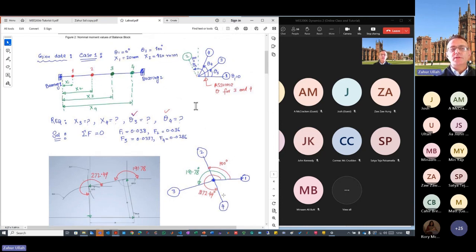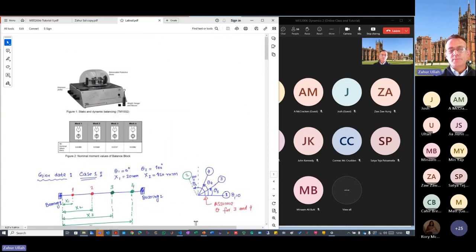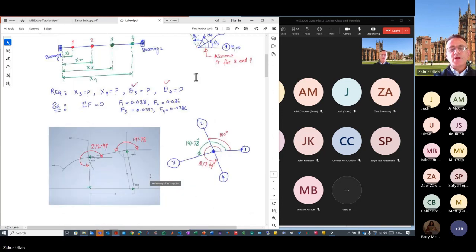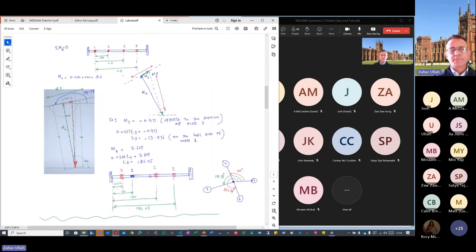Now the unknowns are x3 and x4, which we need to calculate because we need to place these masses at some horizontal distance. So we will do this using the moments, because the moments can give us these distances.